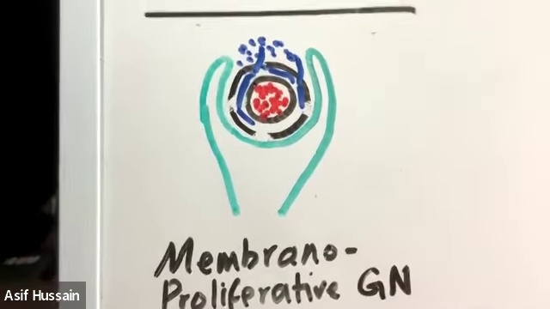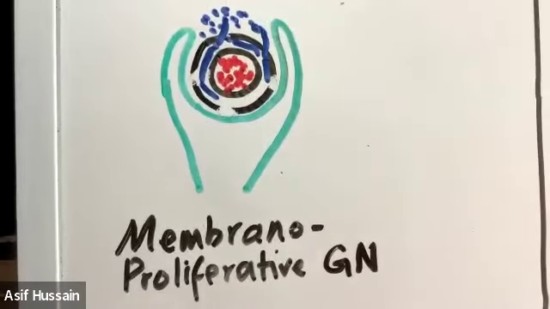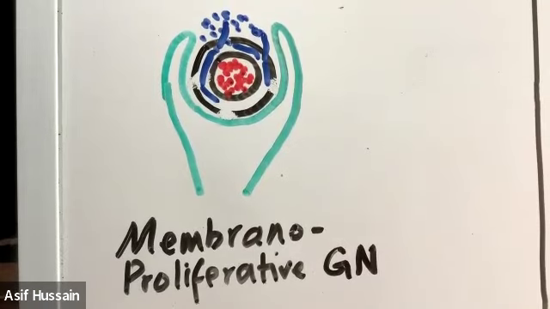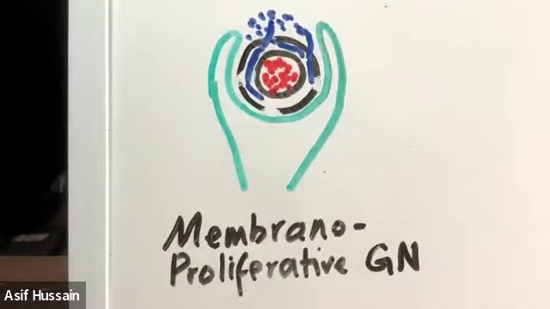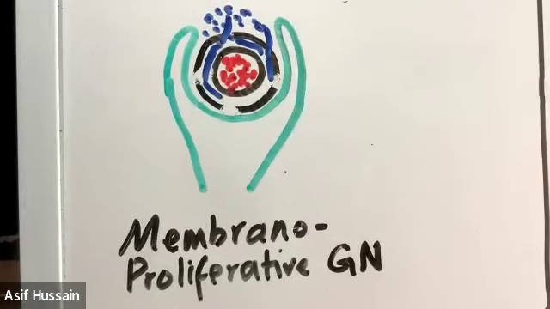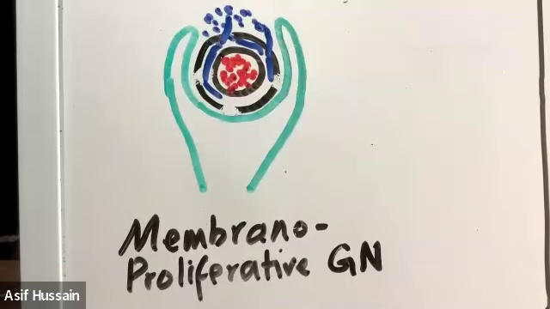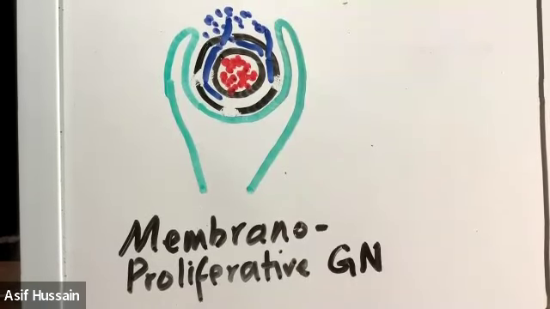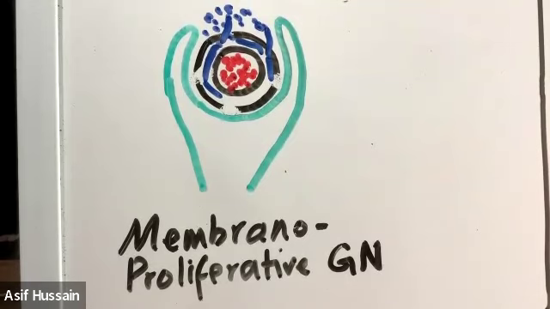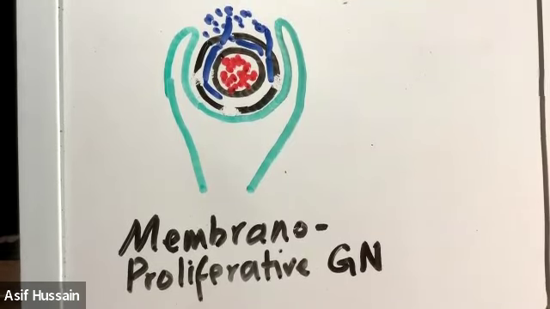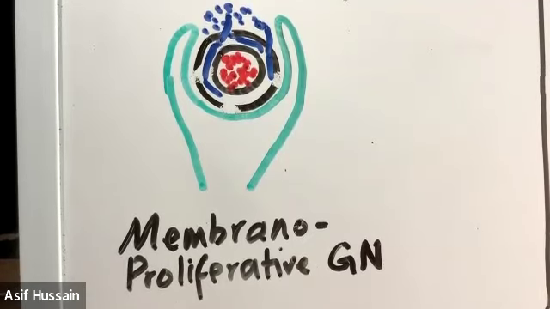Now, what causes membranoproliferative is the same mechanism as any other disease can cause. There are two main types of membranoproliferative GN. One is immune complex mediated. There is immune complex formation due to any reason, for example, an infection, infectious antigens, cancer antigens, drug antigens, or autoimmune antigens. They have antibodies.